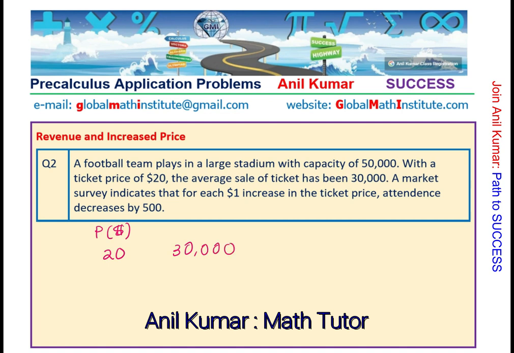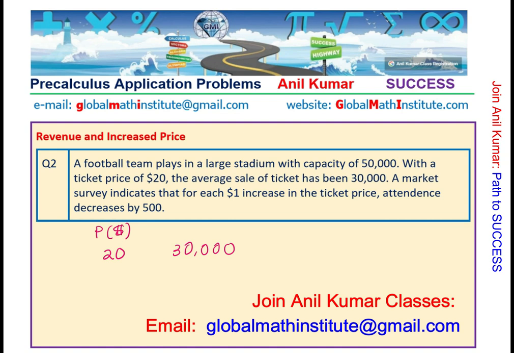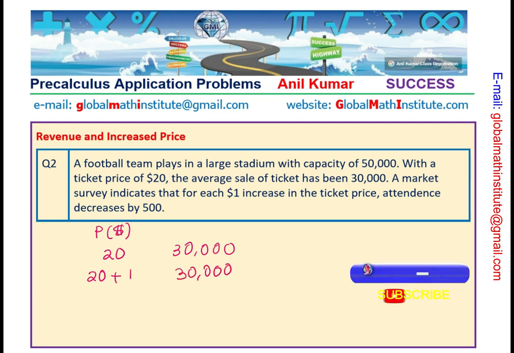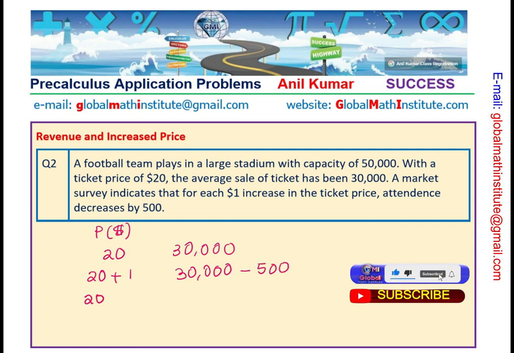Correct? It says that a market survey indicates that for each dollar increase in the ticket price, attendance decreases by 500. So if I increase the price from 20 to 21, then the sales will be 30,000 minus 500. But if I increase it by $2, in that case, what happens to the sales?